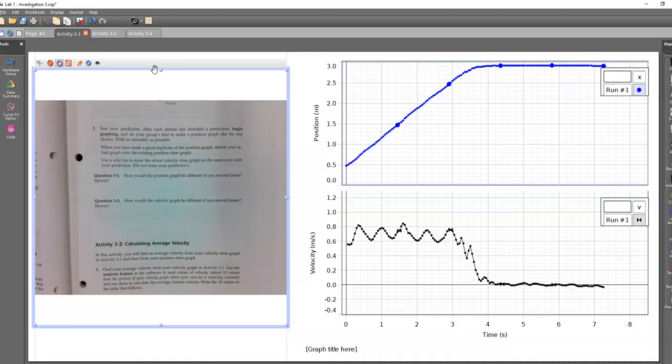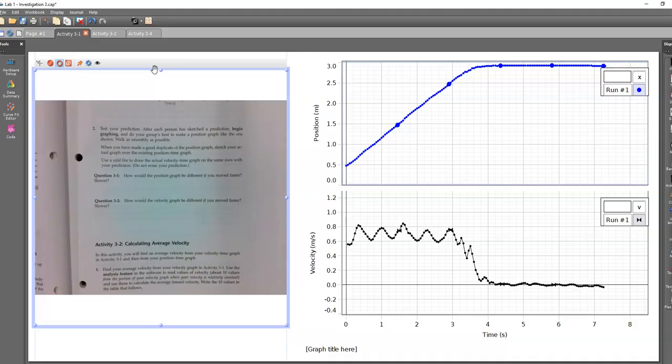I saw a hand back there. Did you want to give it a go? What would the position graph, the top graph, look like if I had traveled slower than this? The slope would be less. Very good. Exactly right.